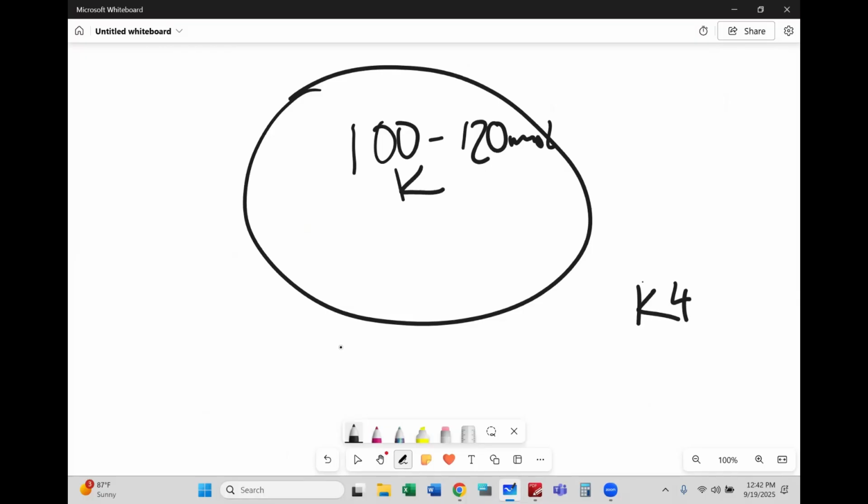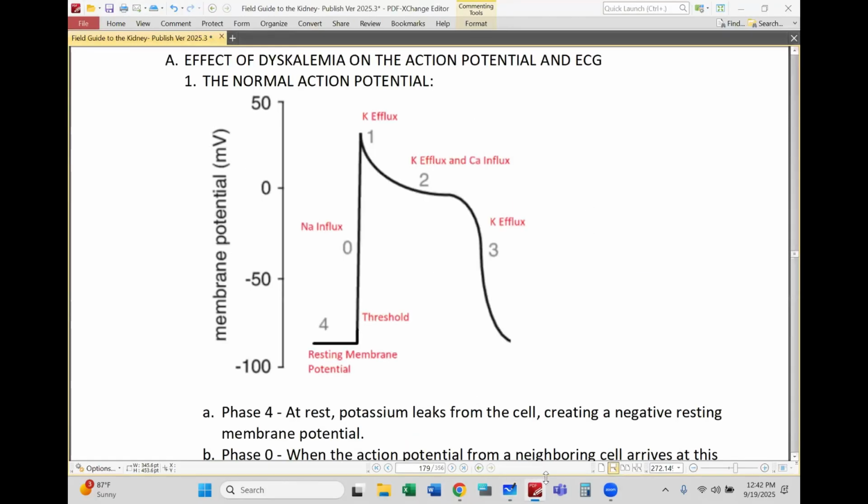So if I have a pore, a channel, then the egress of K, a cation, from the ICF to ECF will create a negative resting membrane potential. That's the physiology at play with essentially all cells, including the excitatory cells of muscle, as well as the conduction system of the heart.